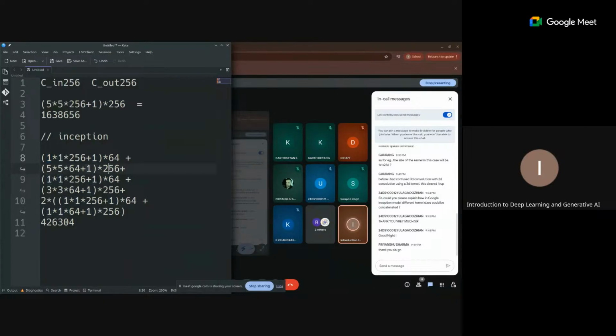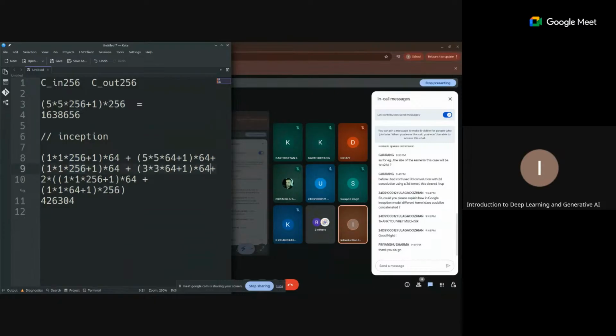Also, I forgot one thing. We'll be concatenating everything, right? To get the 256 output, we actually don't need to use that output size. We'll be concatenating all those things, so in the output itself we'll be using 64 only, as you see. Then we'll concatenate everything to get 256: 64 of this and 64 of this. Each of the 64 final outputs, the four parts, will be concatenated together to get the 256 back.